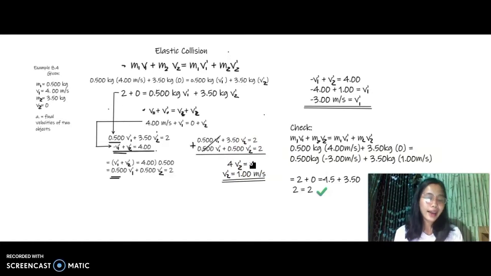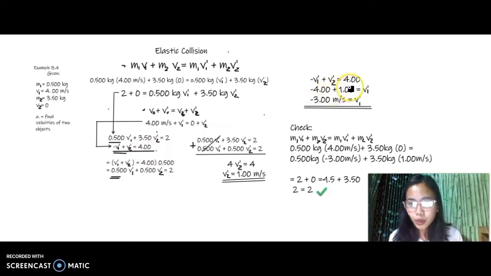So what we're going to do is divide it by 4. Then you can see that here, v prime 2 would be 4 divided by 4 is 1. So 1 meter per second is our velocity prime 2. Now, since we have the v prime 2, we're just going to substitute what we just found here, negative v prime 1 plus v prime 2 equals 4.